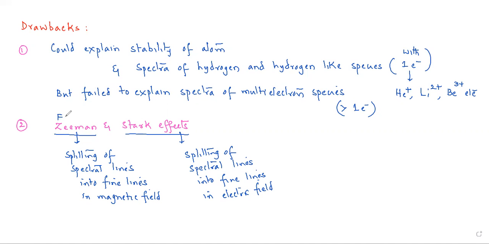Bohr's atomic model, in fact, failed to explain these two. Why are the spectral lines splitting into still simpler lines or fine lines? This was not explained by Bohr.